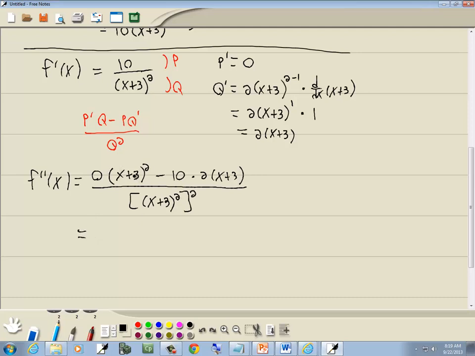Well, 0 times anything drops away, so that disappears. We got negative 10 times 2 is negative 20 times x plus 3. And when you raise one exponent to another exponent, you multiply them together, so that gives us x plus 3. 2 times 2 gives you 4.